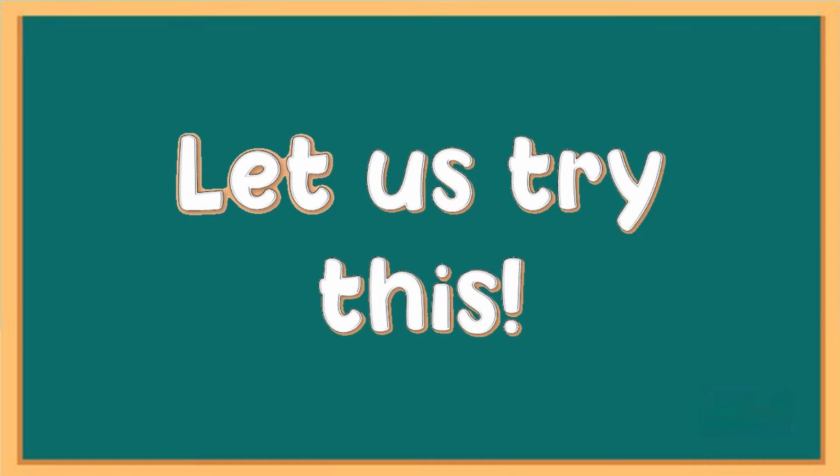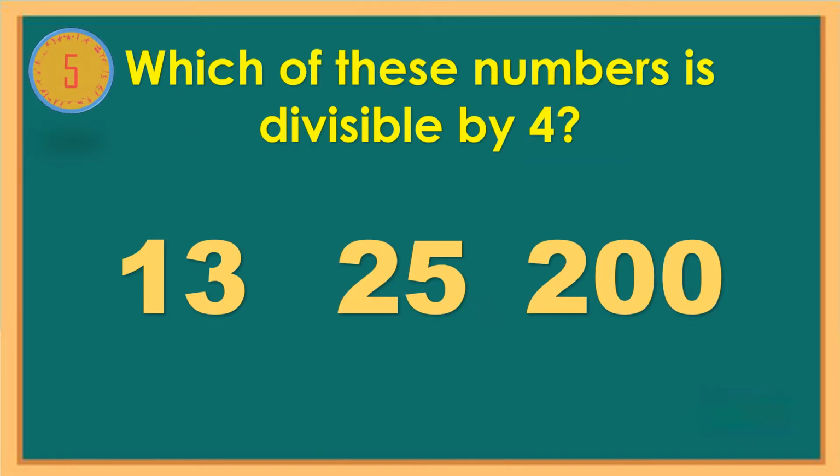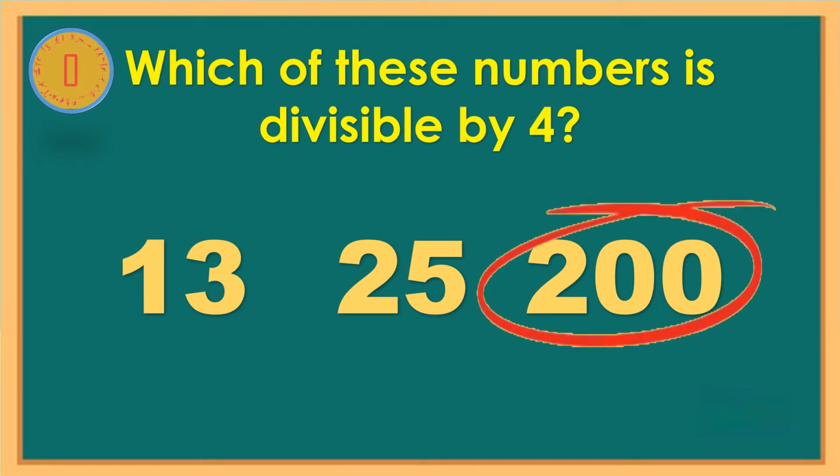Let us try this. Which of these numbers is divisible by 4? 13, 25, 200. Very good. It's 200.